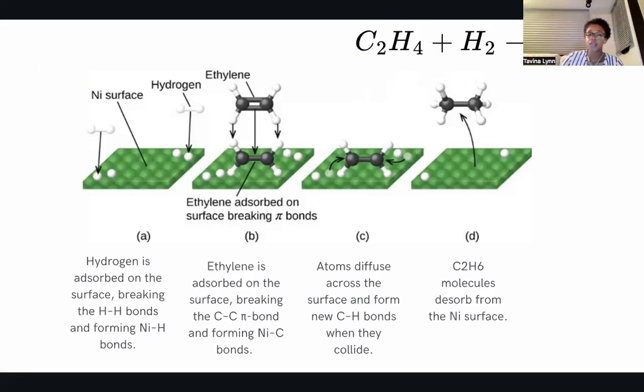And in this case, the catalyst is solid nickel. So first, hydrogen binds to this nickel surface, right? The hydrogen bonds are broken and nickel-hydrogen bonds are formed. So then ethylene comes in, and then the carbon-carbon double bonds are broken and nickel forms nickel-carbon bonds.